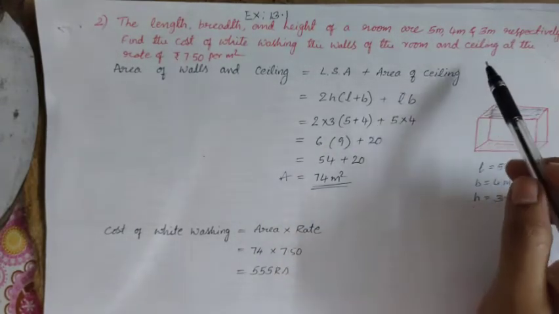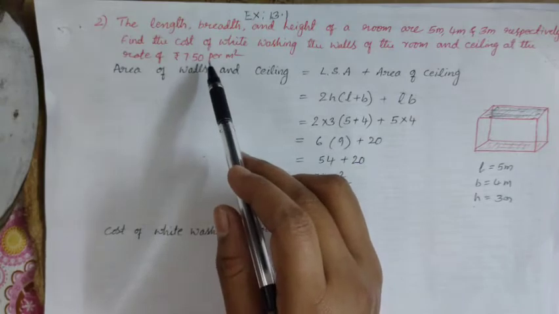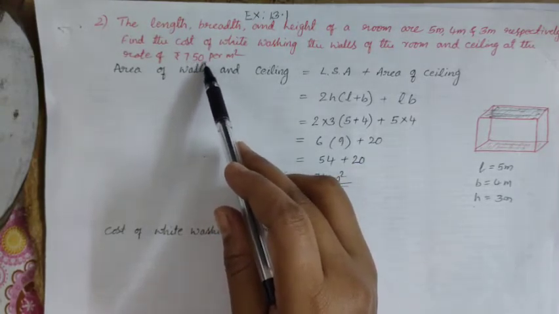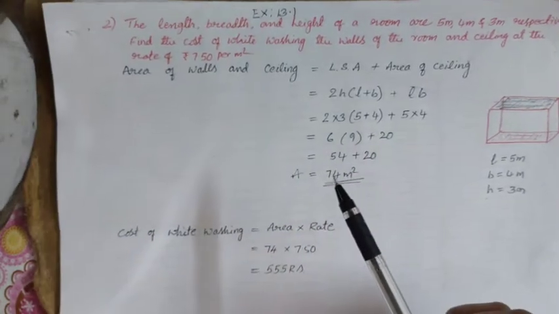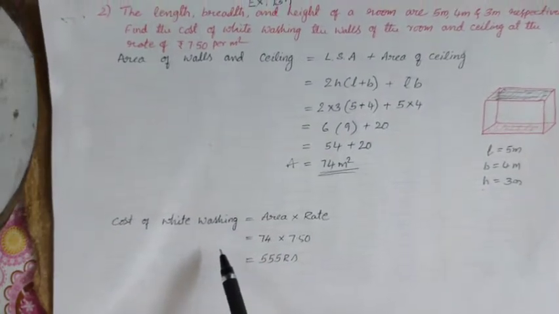For 1 meter square the rate of painting is 7.50. We have to find the cost of whitewashing, which is area into rate. The rate is 7.50 and the area is 74. Multiply these two, we get 555 rupees.